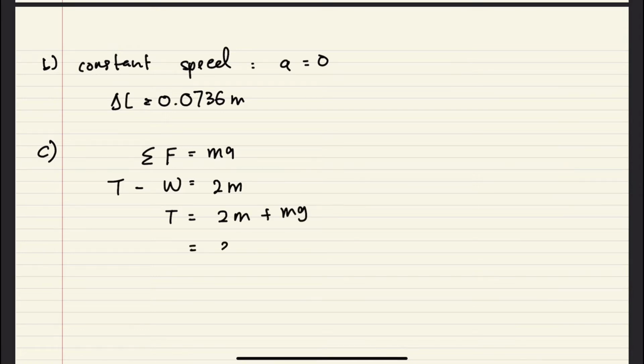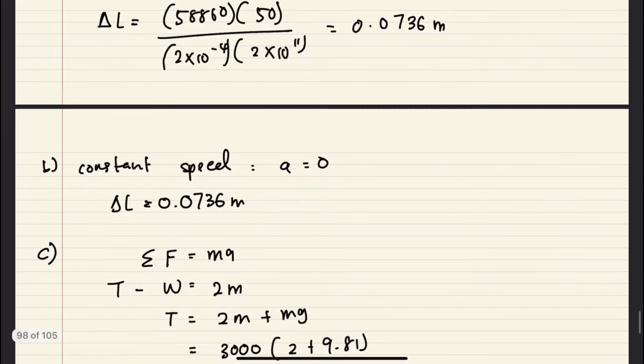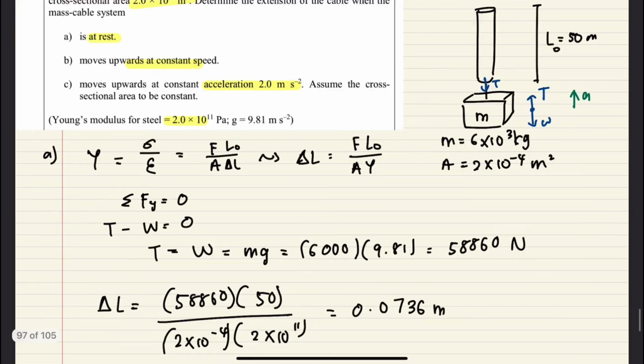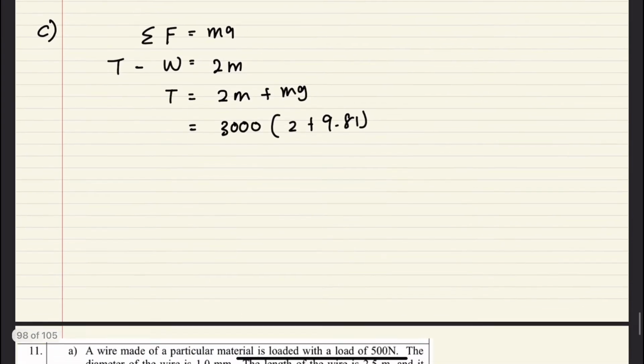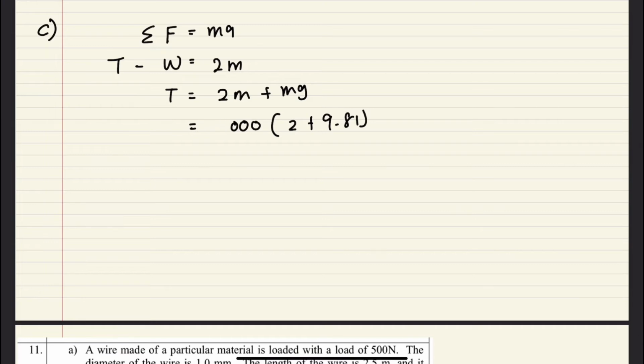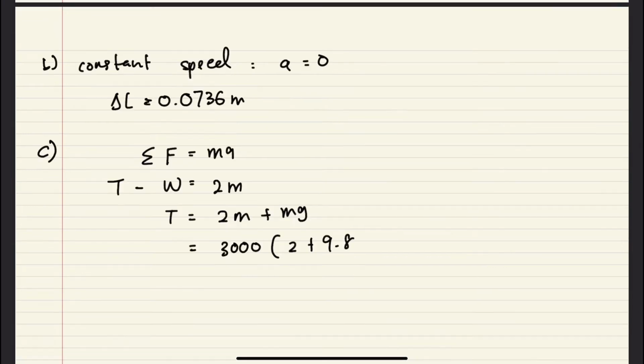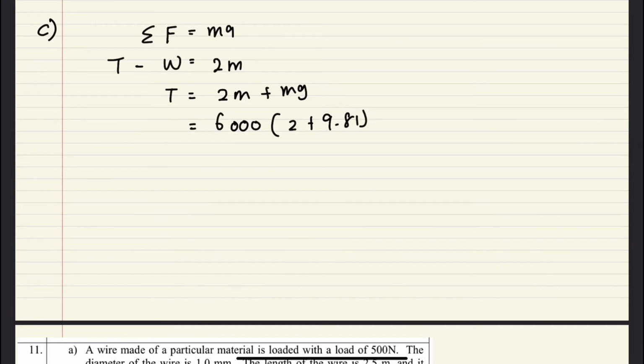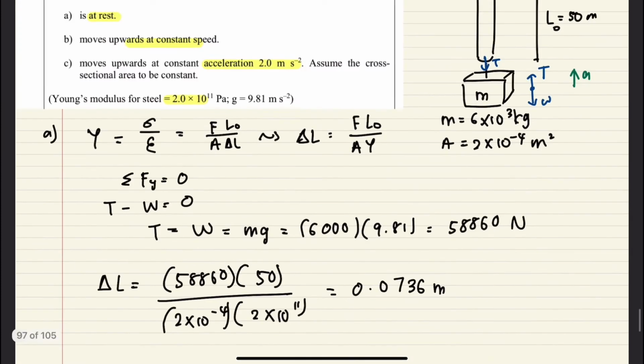Is the mass 3000? No, the mass is 6000. So the tension here would be 70860 Newton.